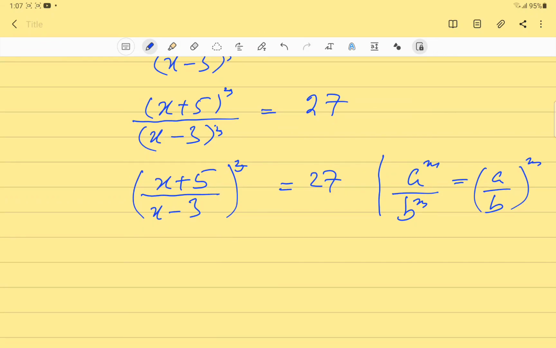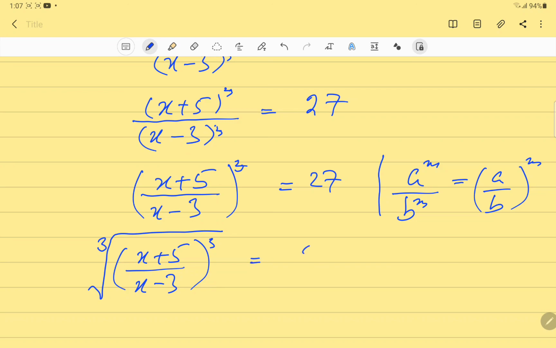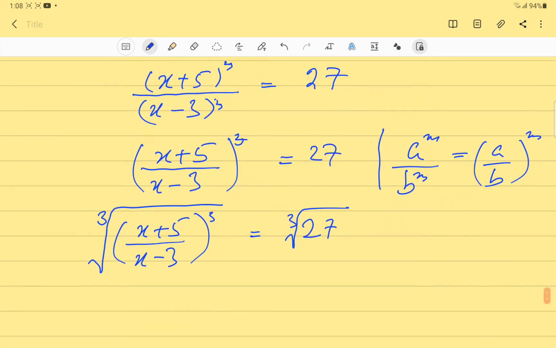So (x plus 5 over x minus 3) whole cube is equal to 27. Now we will take cube root of both sides. My eyesight is actually slightly weak, so sorry for that.